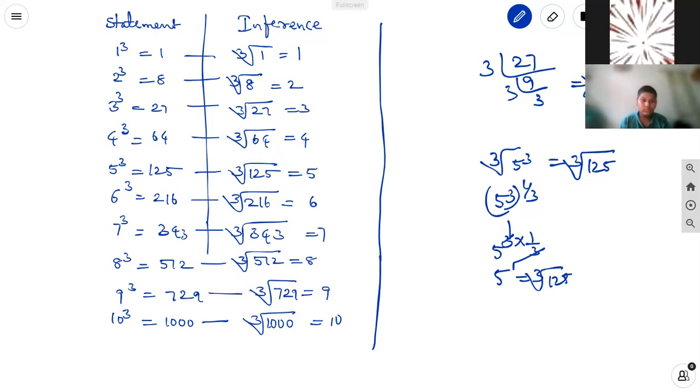Okay. Next, cube root through prime factorization method. How to find out the cube root?